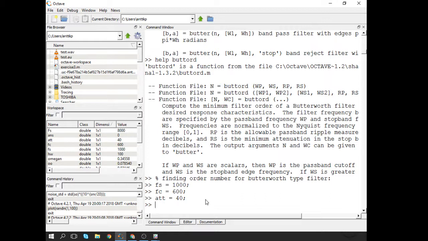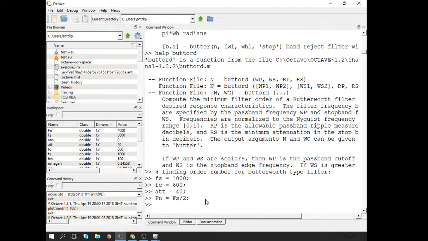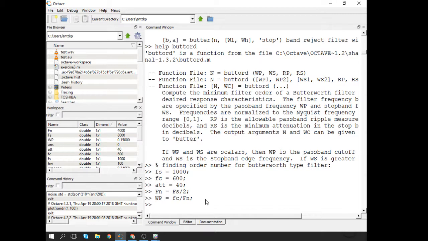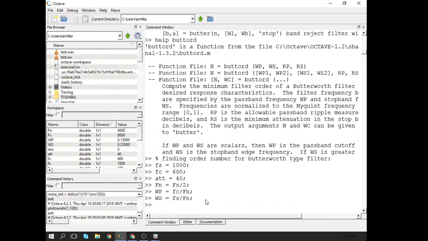But next part we will change this one to the normalized frequencies. So our Nyquist frequency is Fs over 2, and now I can do some calculations. WP equals FC divided by Fn. Ws is Fs divided by Fn. Attenuation we use directly, and then 3 dB directly.